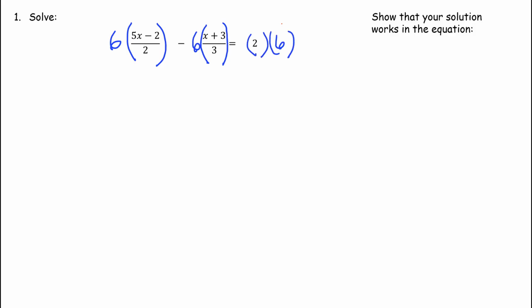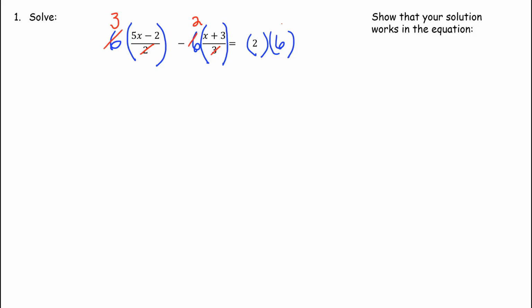If I do that in the first term, the 2 and the 6 cancel, and I'm left with a factor of 3, which I can then multiply by 5x minus 2. The second term, the 6 and the 3 cancel, and I'm left with a factor of 2, which I can also multiply by x plus 3. And then on the right side of the equation, 2 times 6 is just 12.